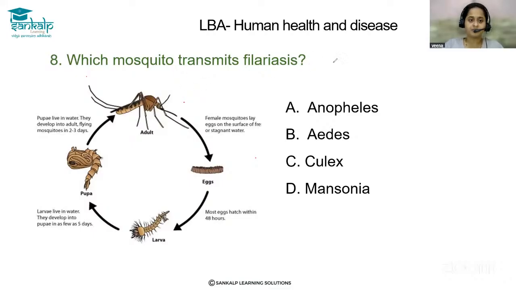In this chapter, you are going to study diseases, and here the mosquito is the vector for two diseases. One is malaria, and another is filariasis, which is also called elephantiasis.